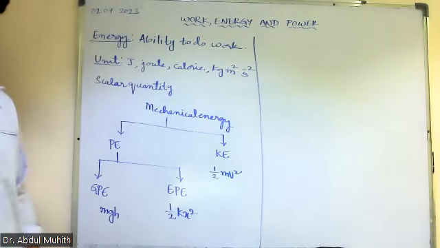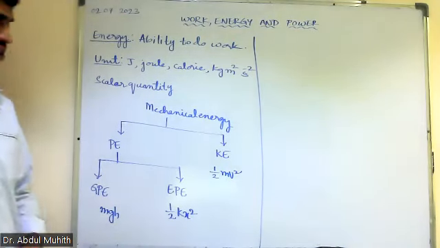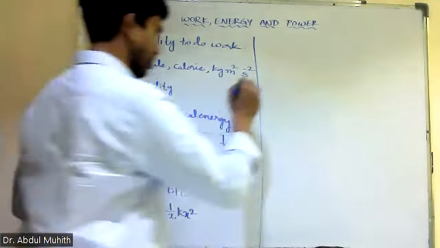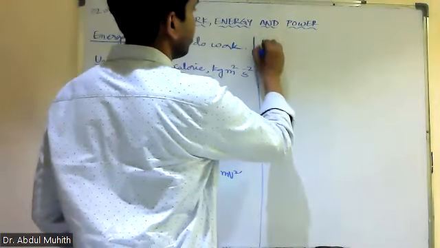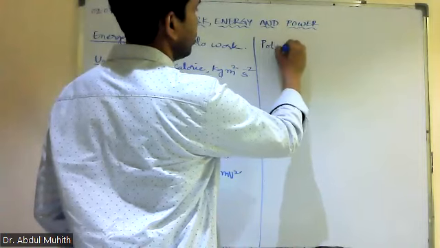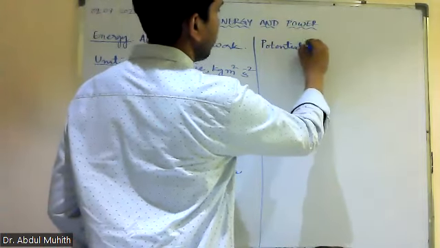Work done due to the mechanical force or the applied force is said to be mechanical energy. Next one, here we have potential energy. How do you define potential energy?